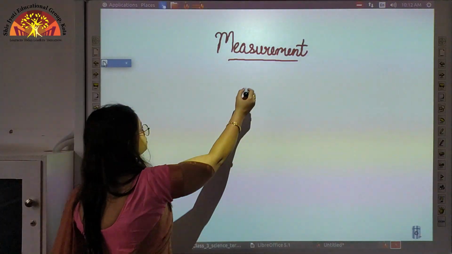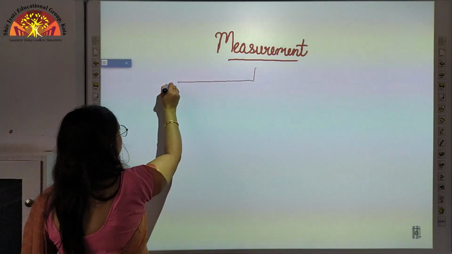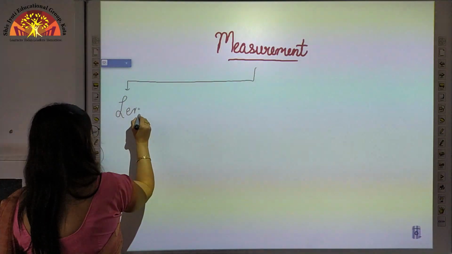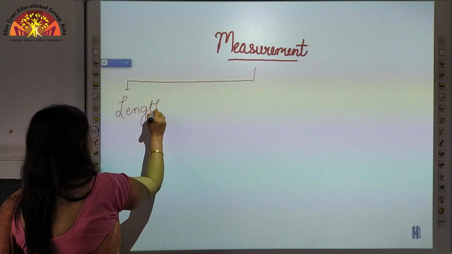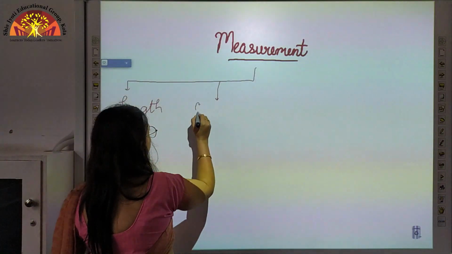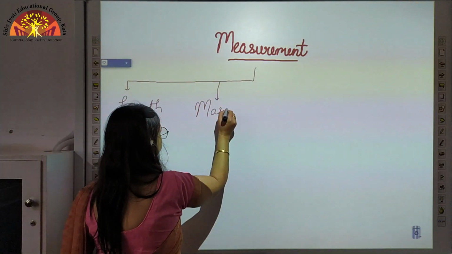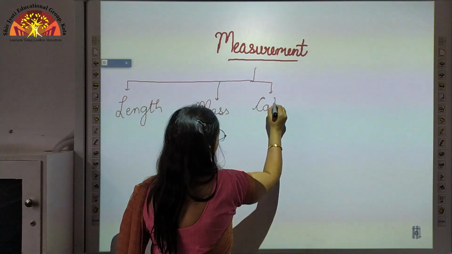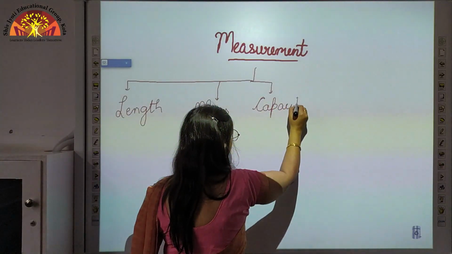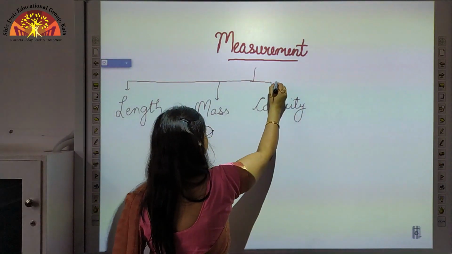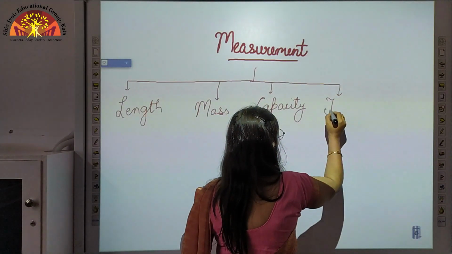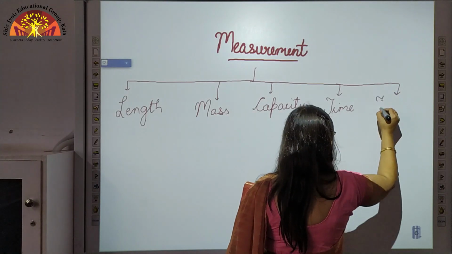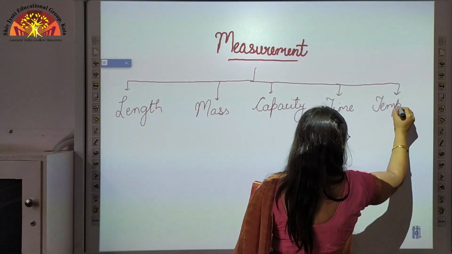So, let us start with them. So, children, different quantities that need to be measured are length, then mass, then capacity, then time, and temperature.